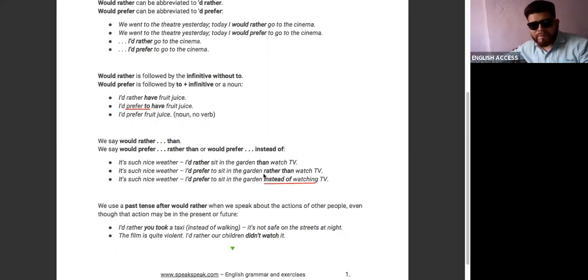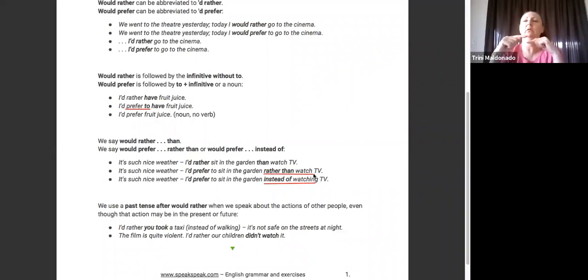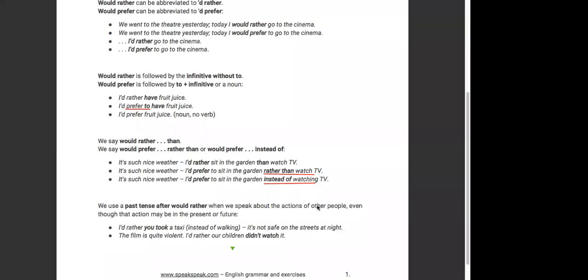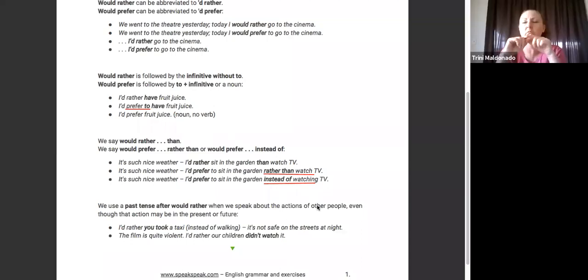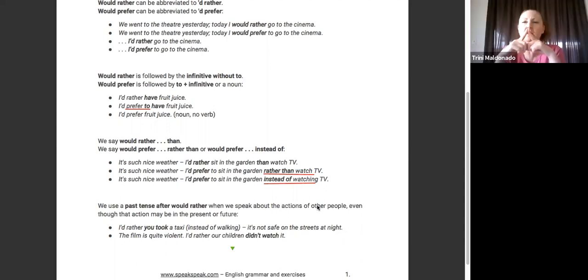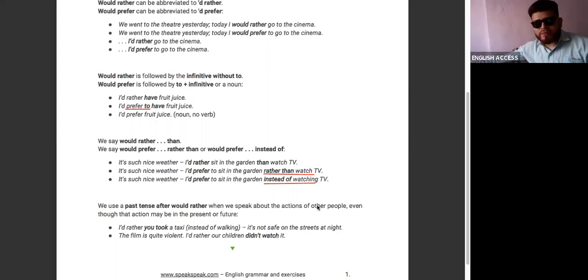What is different here? What's happening with the verb? The ending. The last one is happening. It's not present continuous. It's a gerund, or verb plus ing. The other one is a base verb. But why?